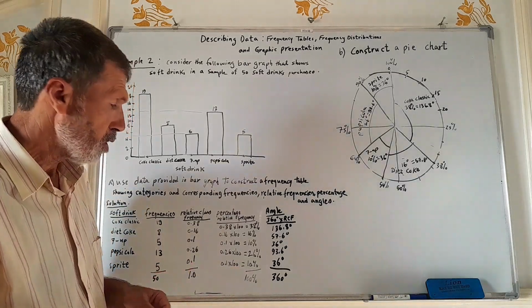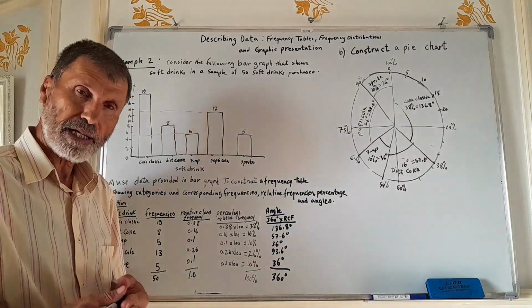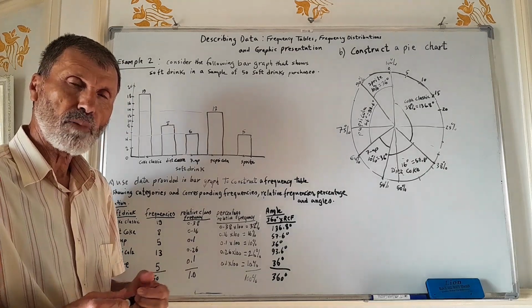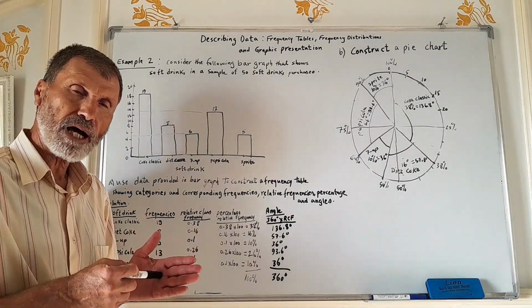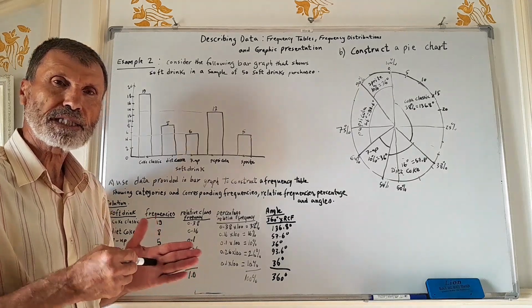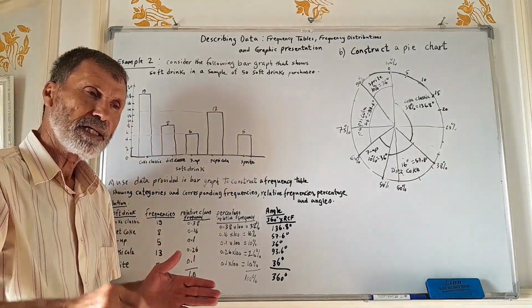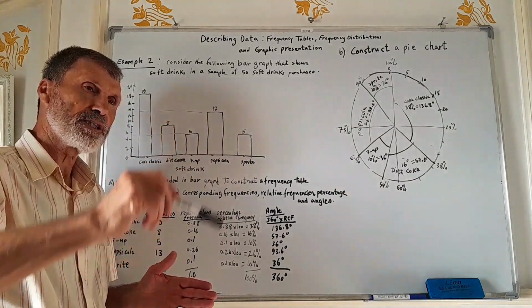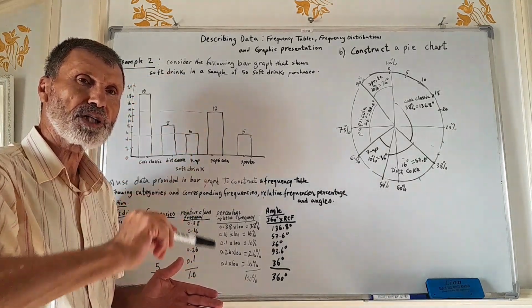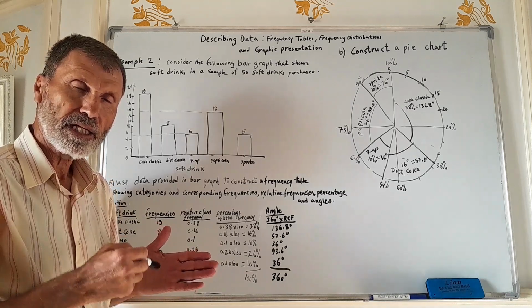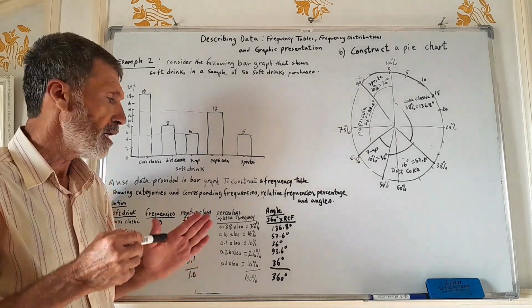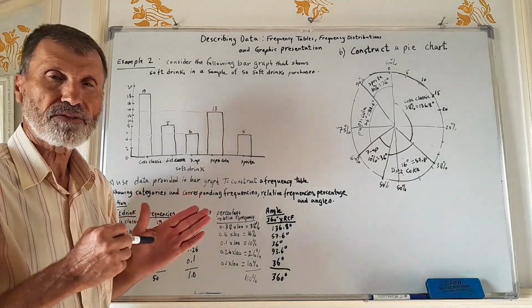100%. Now, to calculate the angle, all we have to do is multiply the relative class frequency times the 360 degrees, because the circle consists of 360 degrees. So all we have to do is multiply 360 degrees times the relative class frequency.